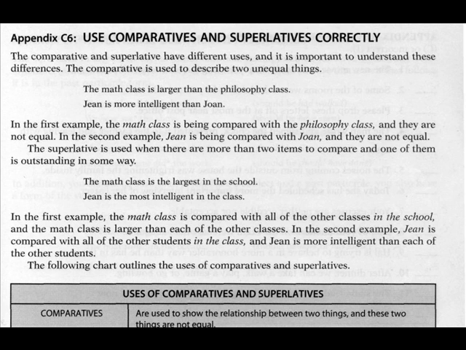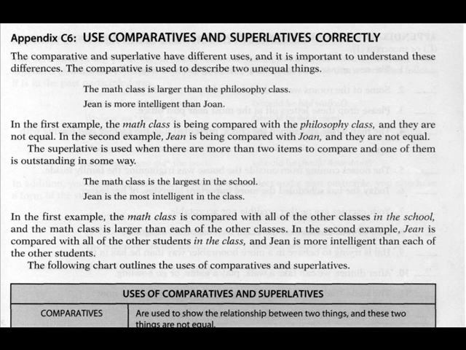On the other hand, the superlative is used when there are more than two items to compare, and one of them is outstanding in some way. For example, the math class is the largest in the school, and Jean is the most intelligent in the class.